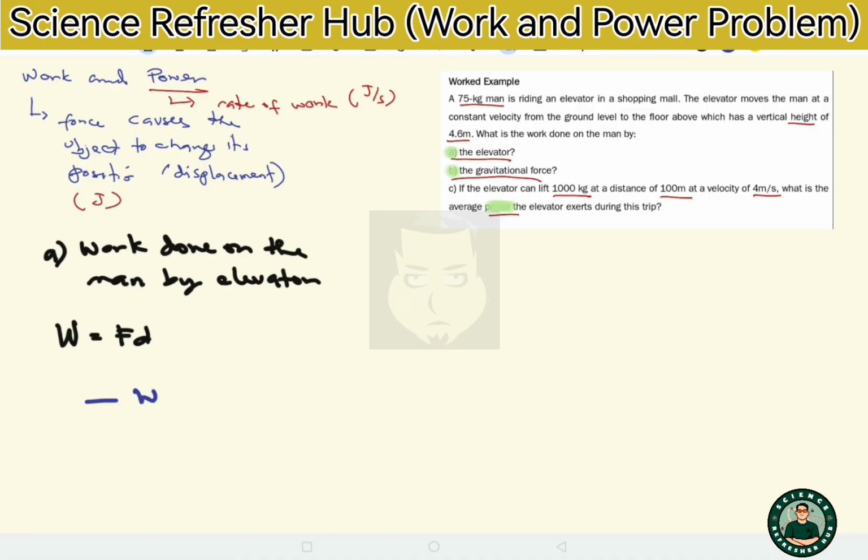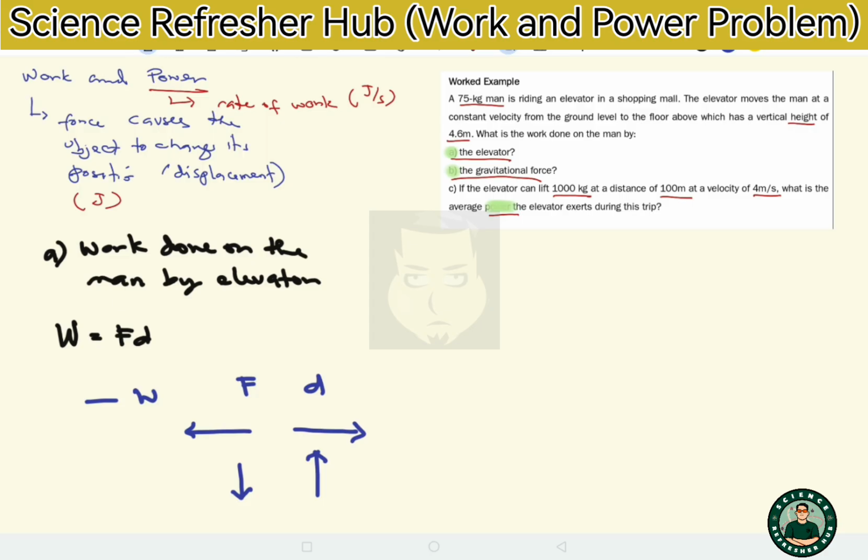Negative work is when force and displacement are opposite. Let's say friction force is going to the left, and the displacement of the object is going to the right. So that's going to be negative work. Or the force of gravity is going downward as usual, and the object is being thrown upward. All right, so that's a negative work.